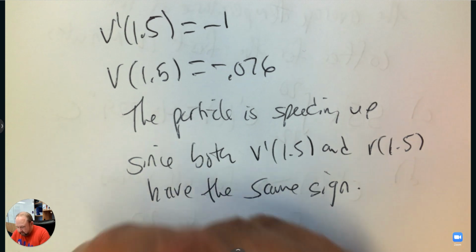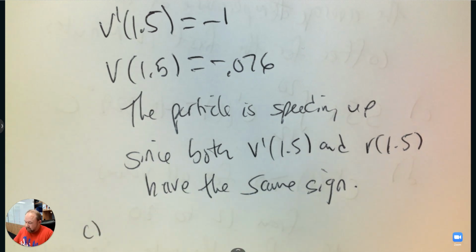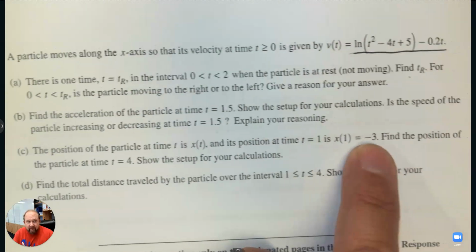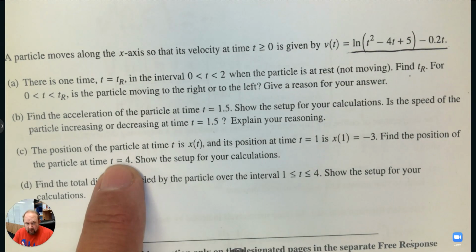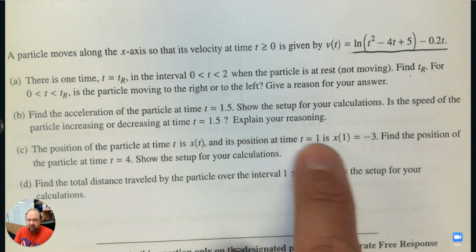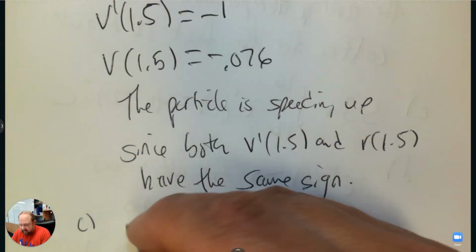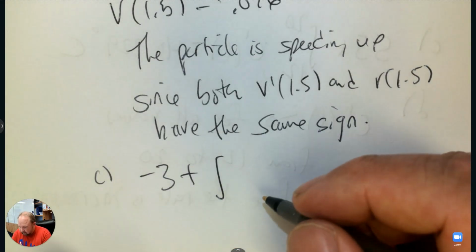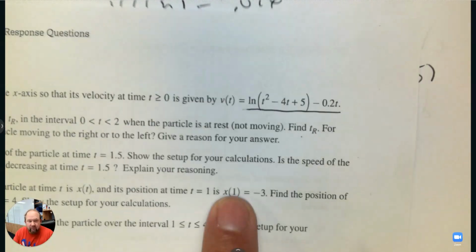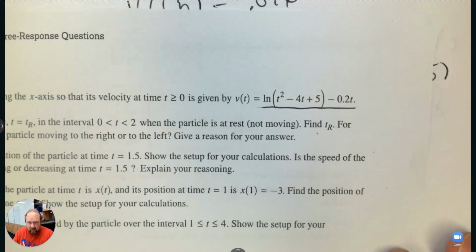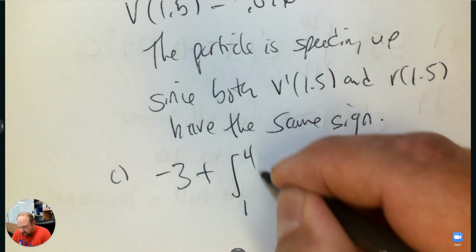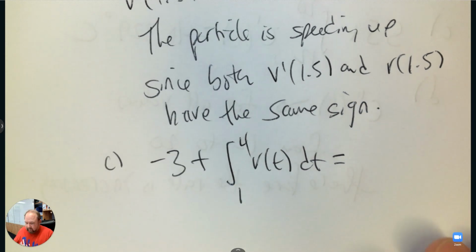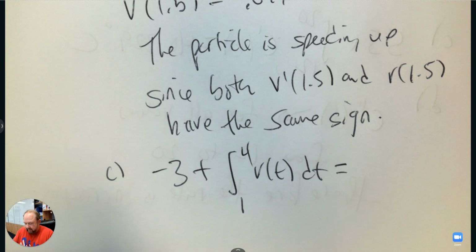All right, part C. It says the position of the particle at t equals 1 is -3. Find the position at 4. So the initial position is -3, and I'm going to write that down. Plus, we integrate the velocity from 1 to 4, and then type that in your calculator.